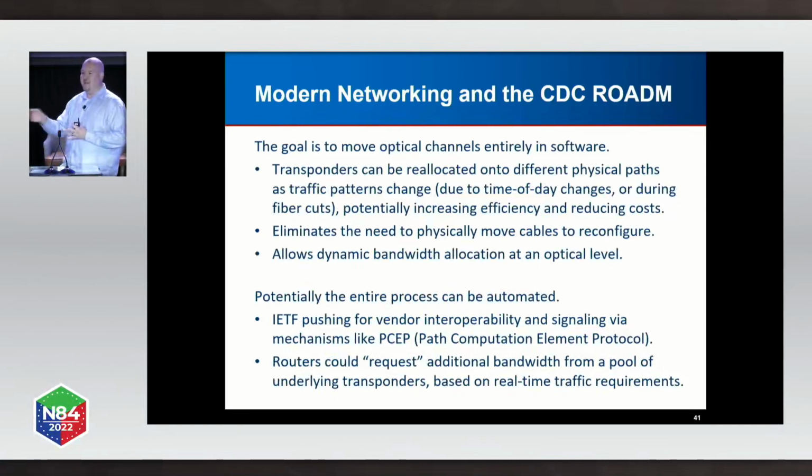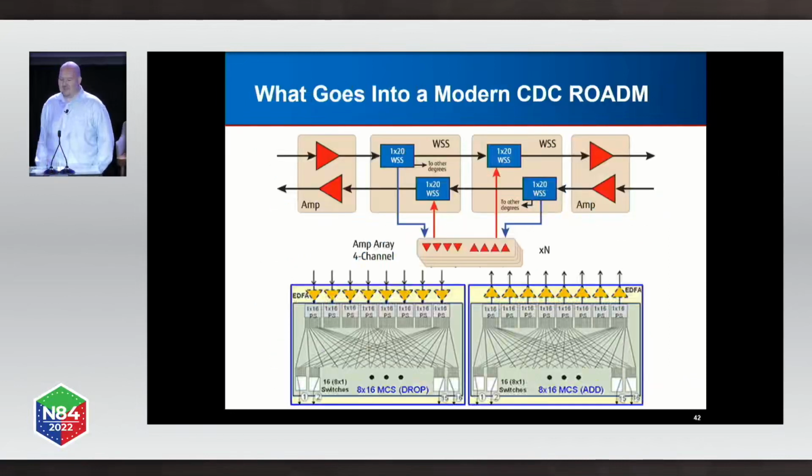So the optical layer can now respond to that dynamic traffic use and go, okay, I need to spin up another transponder. And there's varying degrees of success on that, but that's where the industry is trying to push towards. That's what the modern line systems are built for, and it definitely has its advantages.